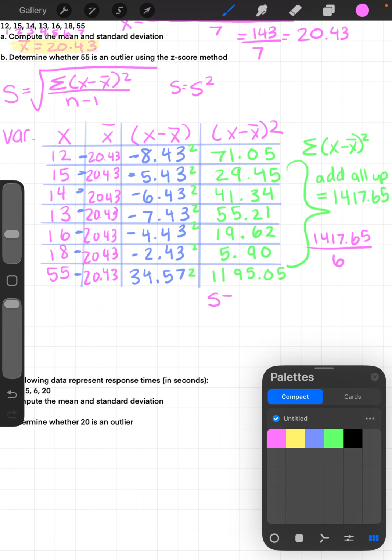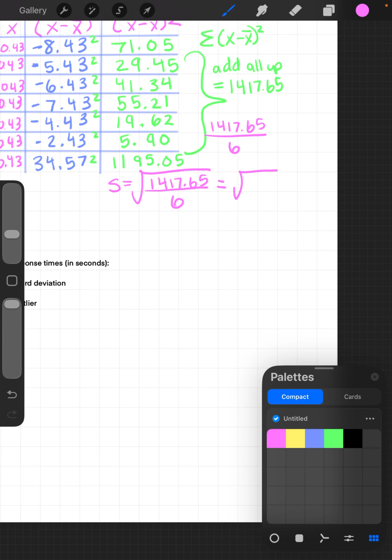So s is equal to the square root, and this is the standard deviation.